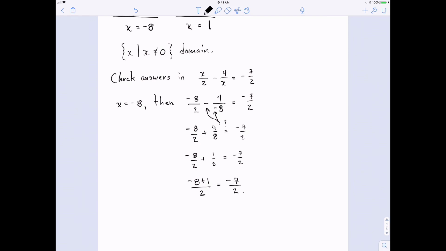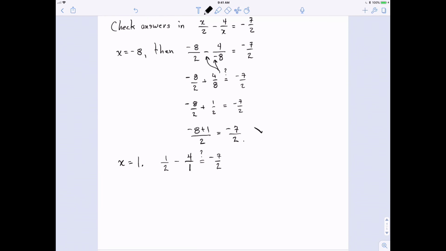Now we need to check our second result as well. So this one worked. Now check x equals 1. Then we have 1 over 2 minus 4 over 1. We want to see if this is really equal to negative 7 over 2.